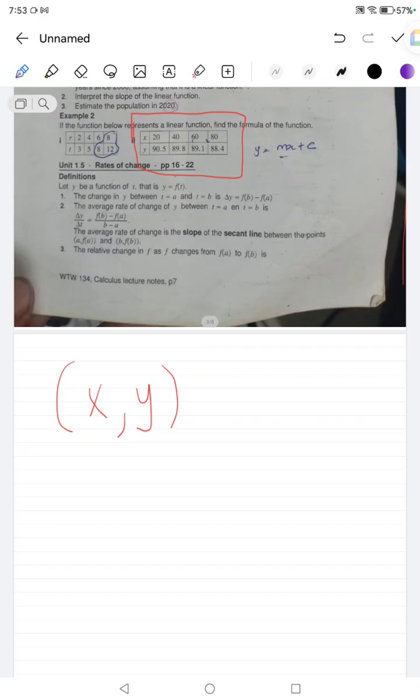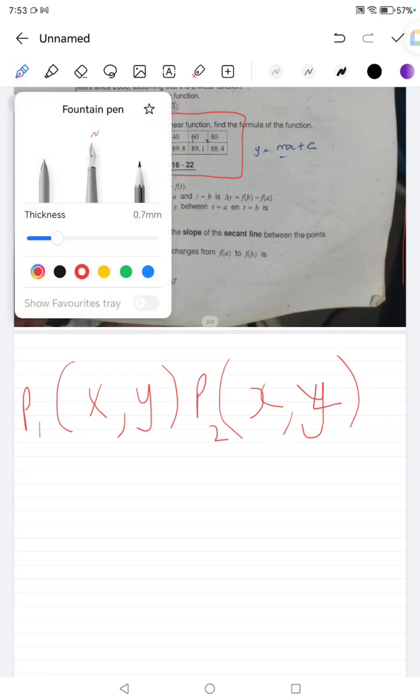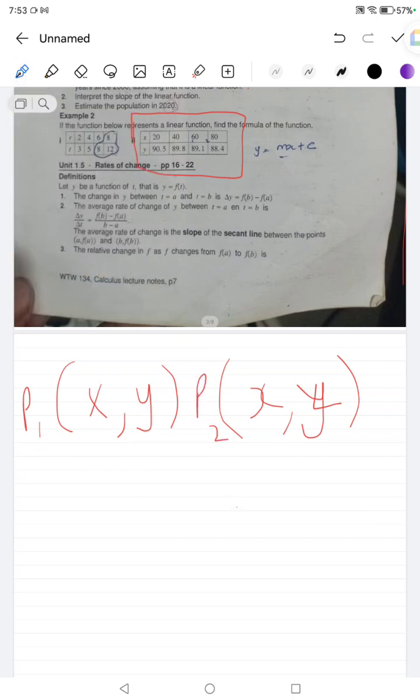So let's just say the first ones that you're going to be having on this one, let's just say it's 0.1, this one is 0.2. We can just take these ones together. Let's do this.